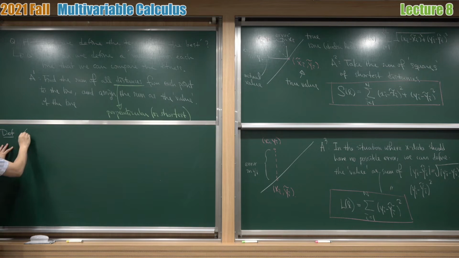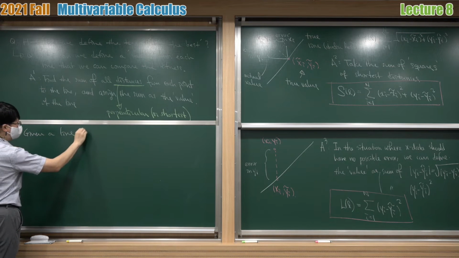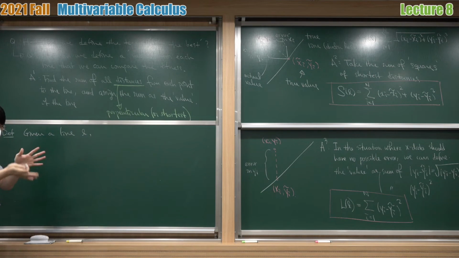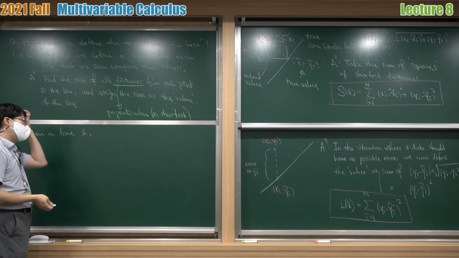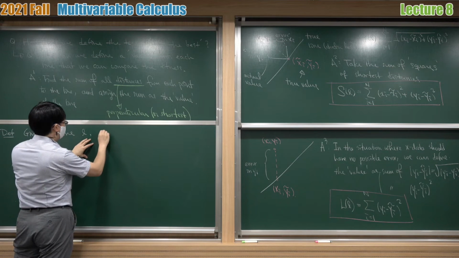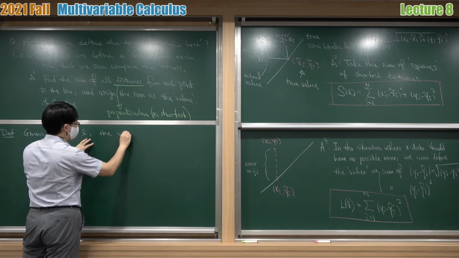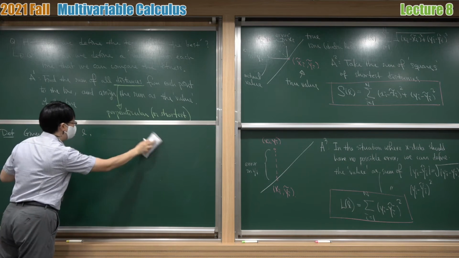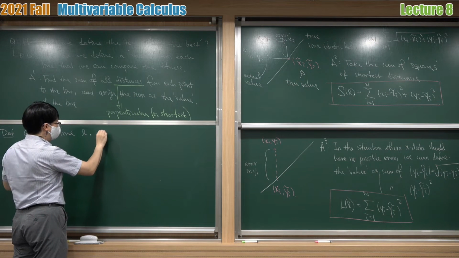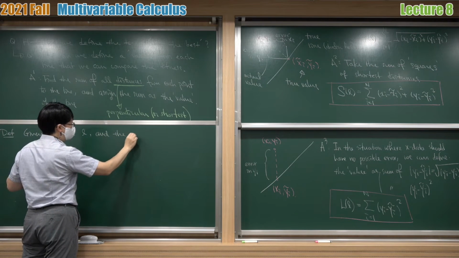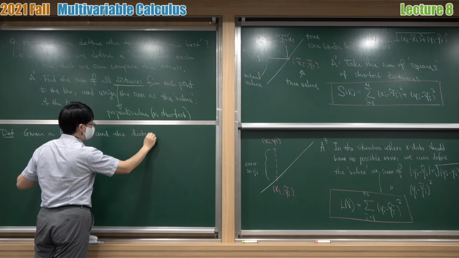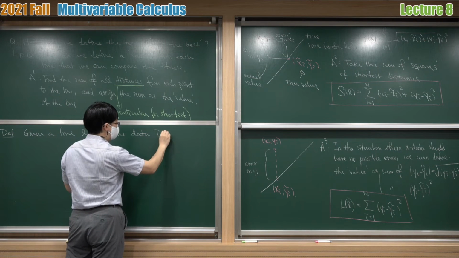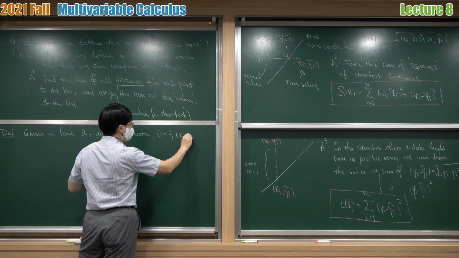So given a line L, a line that sits in the xy plane, and also we need the data, and the data D consists of xy.